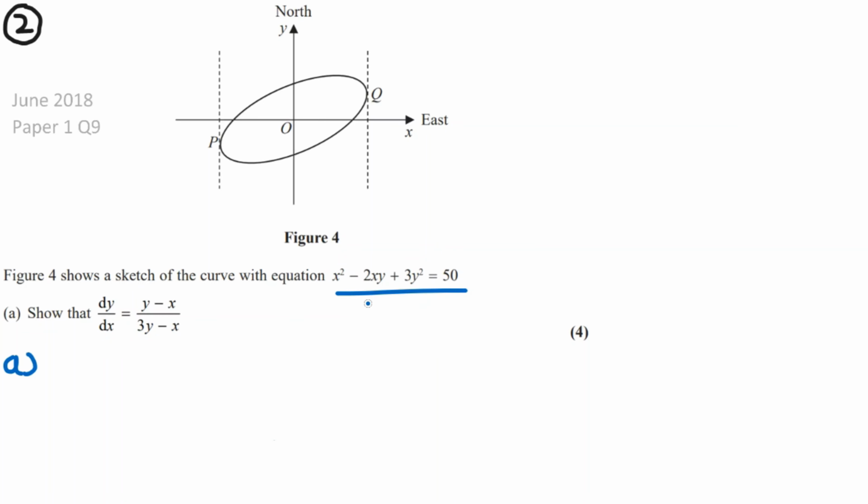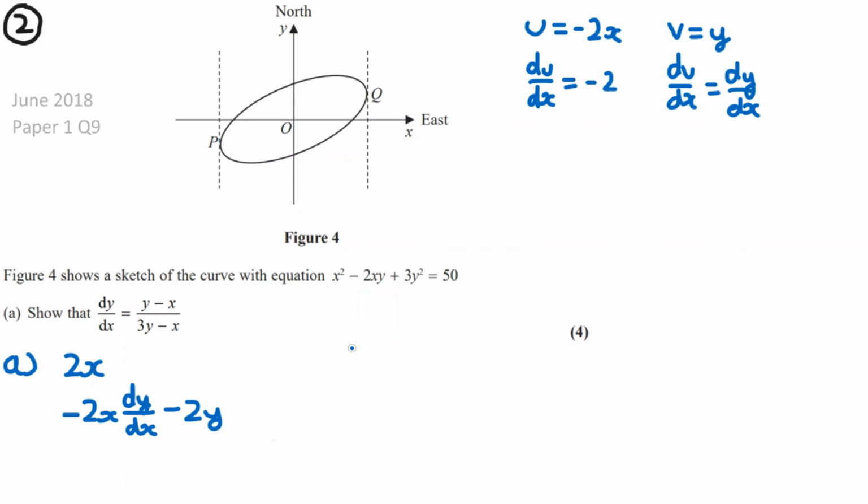So we need to differentiate this implicitly, so we're going to do both sides. If we start with this side, if we differentiate x squared, it's just going to be 2x. If you differentiate minus 2xy, again we use the product rule and we get minus 2x dy over dx minus 2y. And then if you differentiate 3y squared, we use the chain rule in order to get dy over dx times 2y for the y squared part, and we've got this 3 coefficient that will multiply the 2, so 3y squared differentiated will be 6y dy over dx.